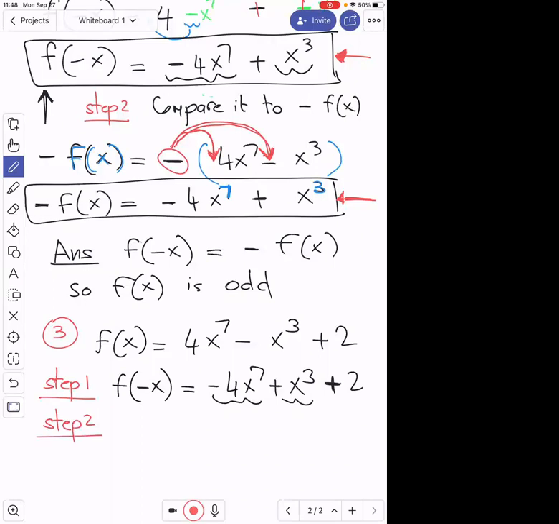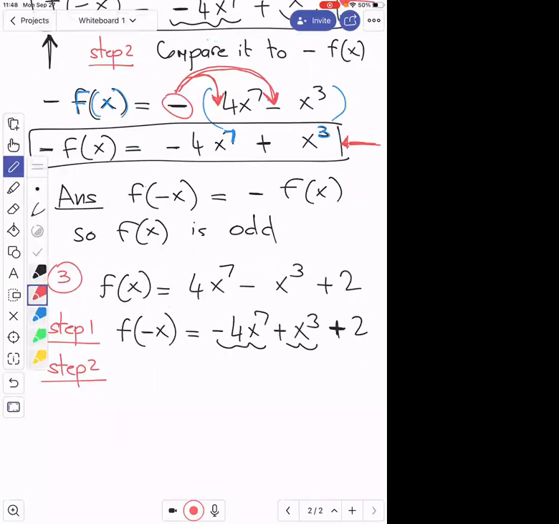Now in step number 2, we need to find minus f of x. Instead of minus, I'm going to write -1, I think it's better. So think of the minus like -1 times the whole function f.